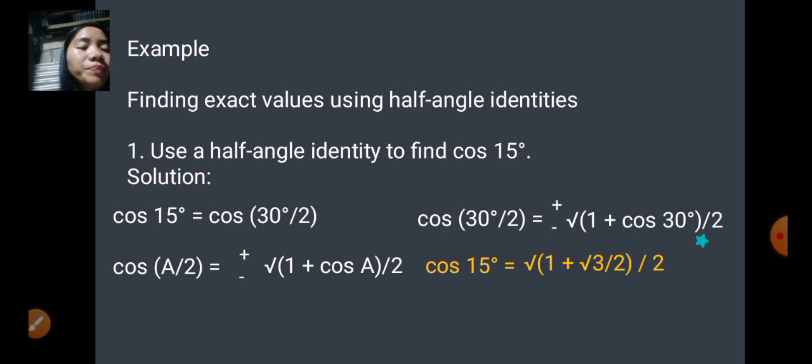So, cos 30 degrees over 2 is equal to positive and negative square root of (1 plus cos 30 degrees) over 2. Then, cos 15 degrees is equal to the square root of (1 plus square root of 3 over 2) divided by 2.